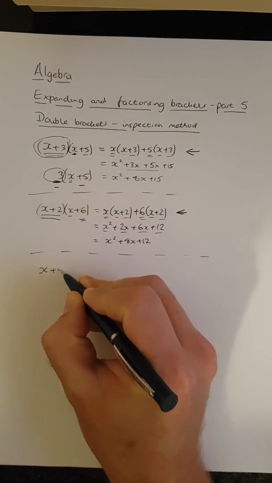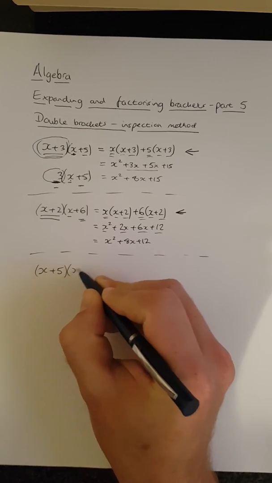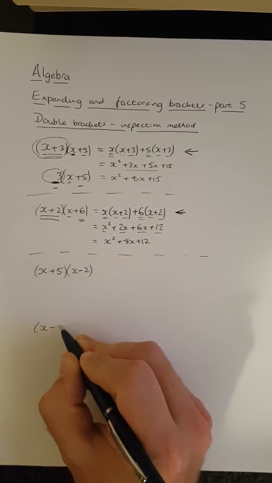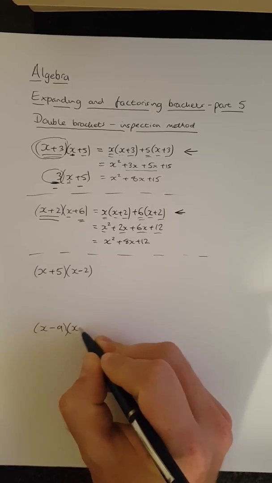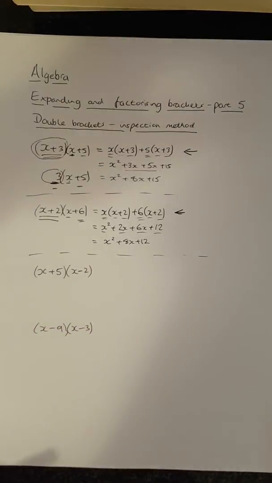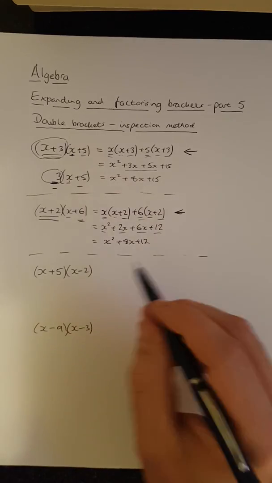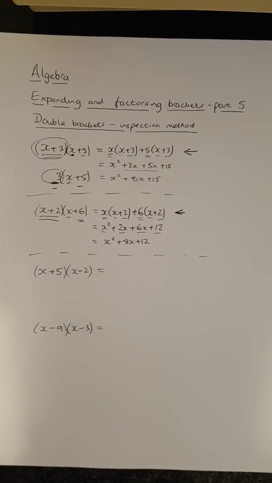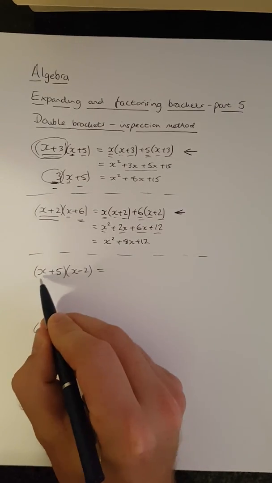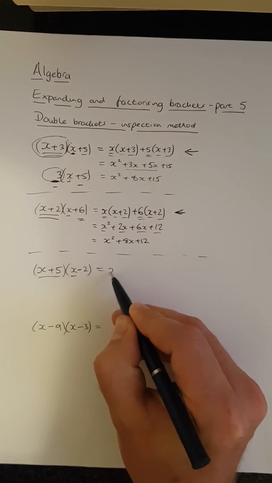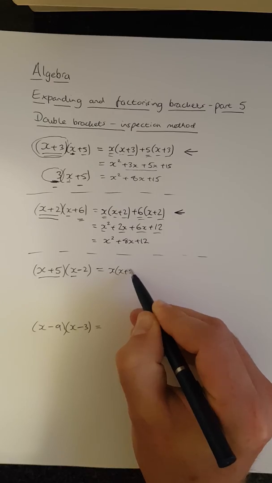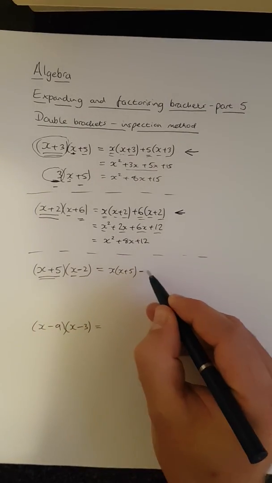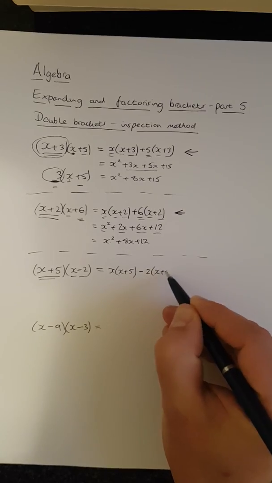So let's introduce a negative now. Then we'll tackle what happens when we have a pair of negatives. So I take what's outside and times it by the first. Then I take what's outside and times it by the latter.